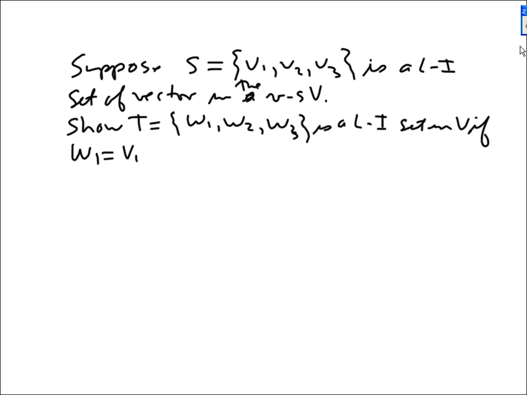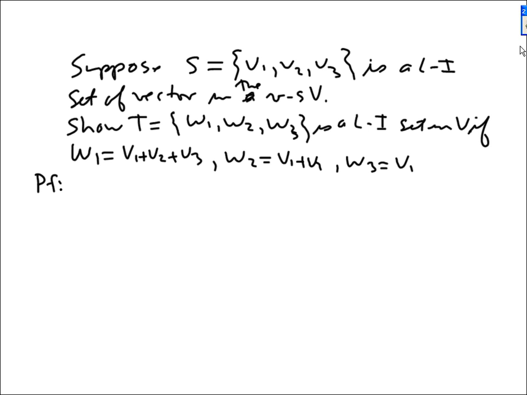W1 is, say, V1 plus V2 plus V3. W2 is V1 plus V2. And W3 is just V1. Okay. So here's our proof. We want to show, well, let's use C's instead.